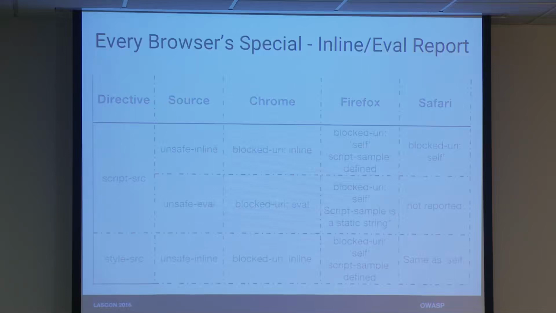And in Safari, it'll report as self for unsafe-inline, and don't worry about eval because it doesn't actually report that, so you can safely assume that it's unsafe-inline at that point. Hopefully, they're all moving towards the Chrome standard soon.